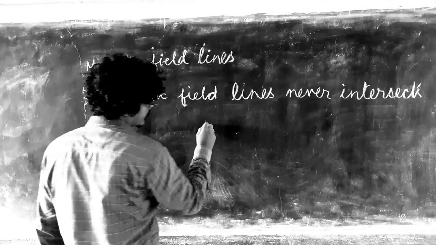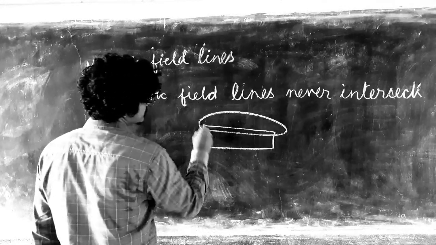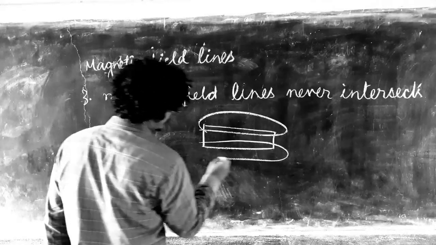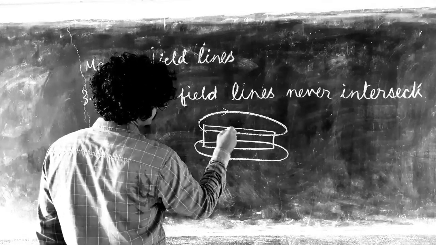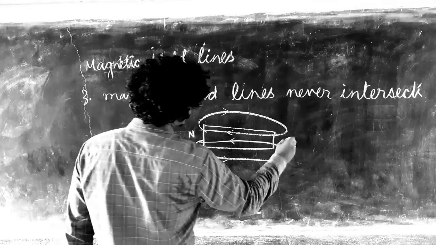It means if this is a magnet, this is a magnetic field line, this is also a magnetic field line. This is the direction, this is the direction. This side is north pole, this side is south pole.